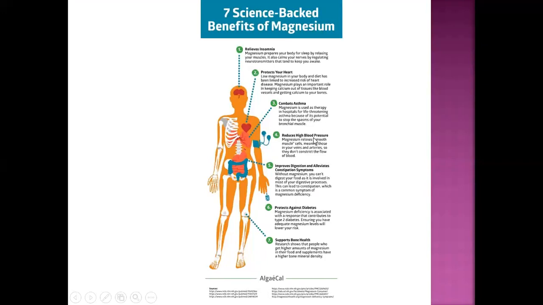It even reduces high blood pressure. Magnesium relaxes smooth muscles, the muscle cells of your veins and arteries, so they don't constrict the flow of blood. So proper blood pressure and blood flow are maintained through magnesium.